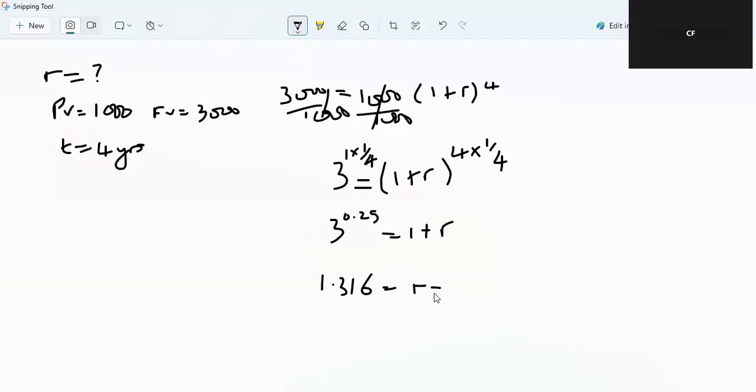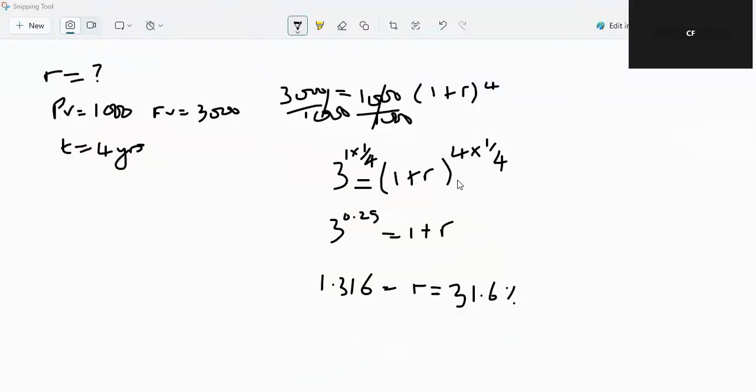Is that clear? When you subtract a 1 from there, it will be that 1.6%. Okay, so are we together so far? Yes, we are. All right.